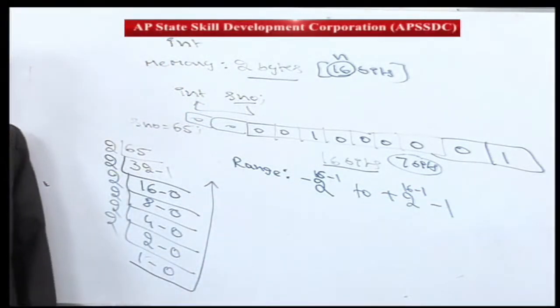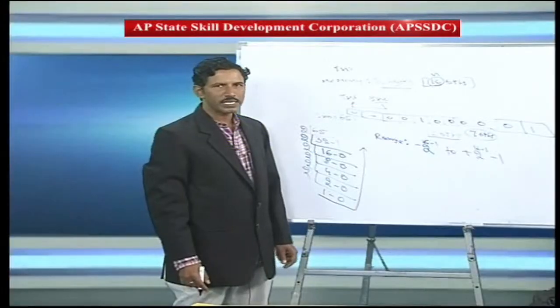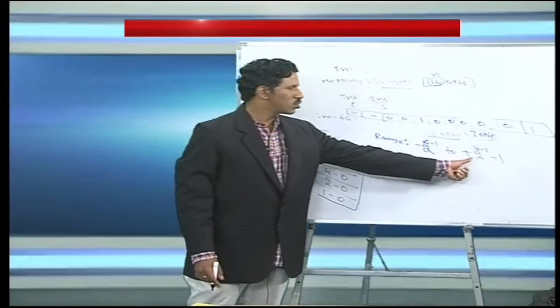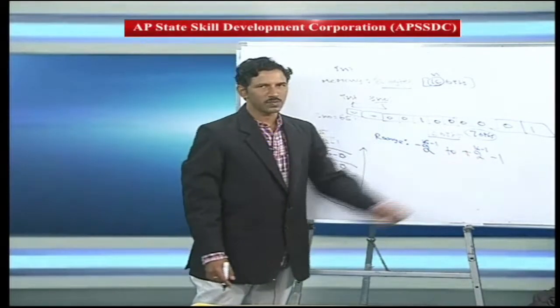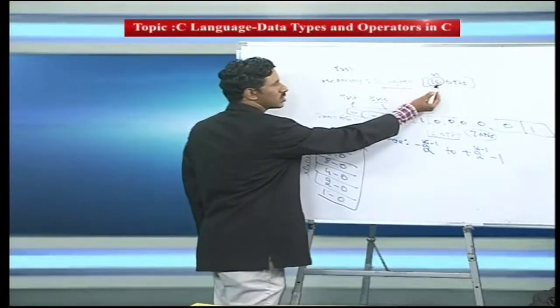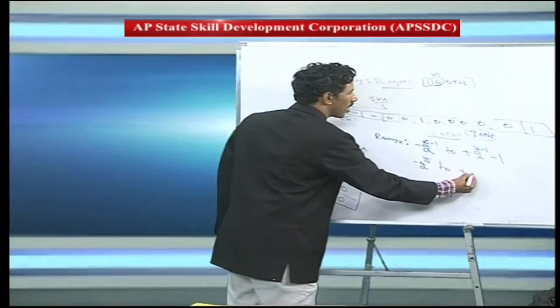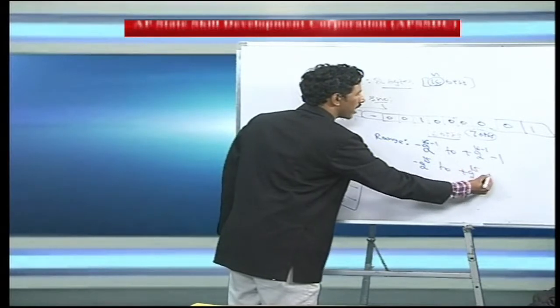Now this is the formula to be used. How to find the range? Minus 2 power n minus 1 to plus 2 power n minus 1, minus 1. That means the n value is 16 bits: minus 2 to the power of 15 to plus 2 to the power of 15 minus 1.